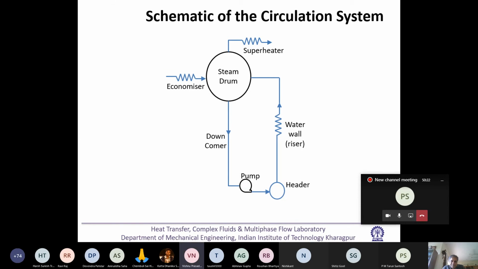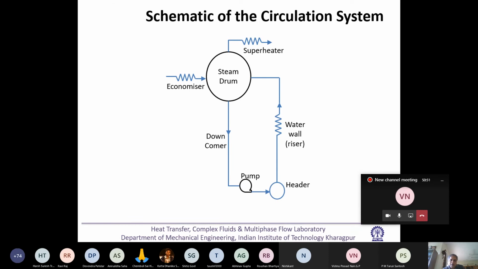Sir, I had a small doubt. What are we referring to as economizer here? The economizer is that part where condensate comes from the condenser. After that there is a pump, and there are n number of feed water heaters, which increase the temperature step by step.